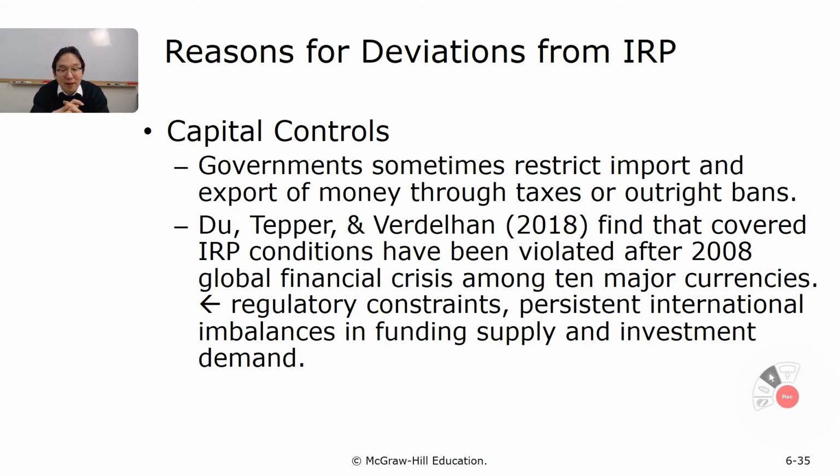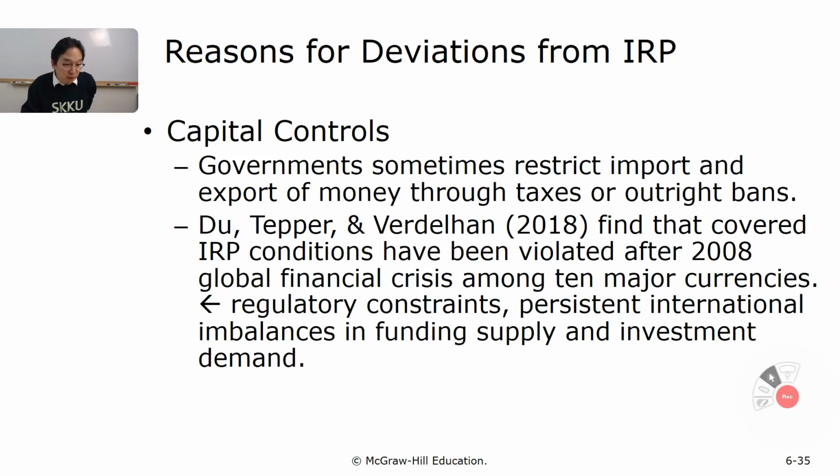Why? Governments have been raising their eyebrows with the currency crisis and then the financial crisis all around the world. Don't move capital out of my country. That kind of movement caused this kind of deviation from IRP.